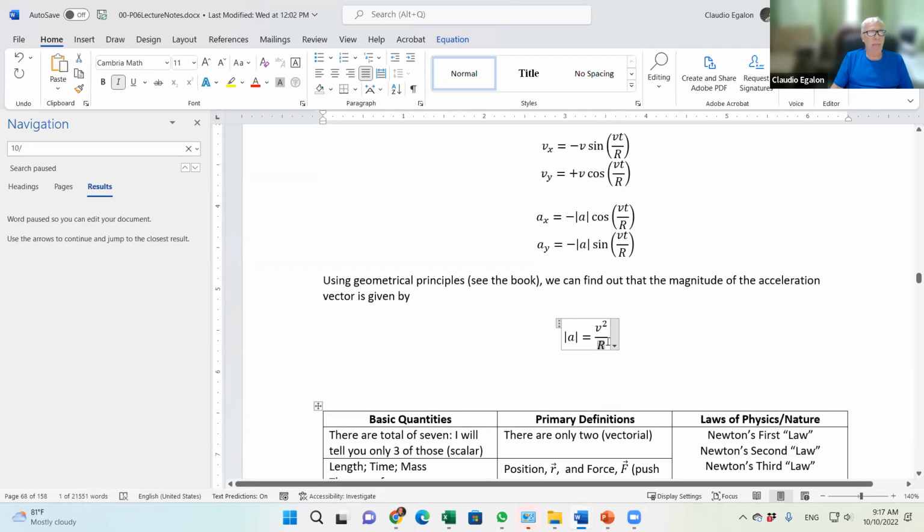I'm using capital R for the radius of the circle. The book is using lowercase r for the radius of the circle.